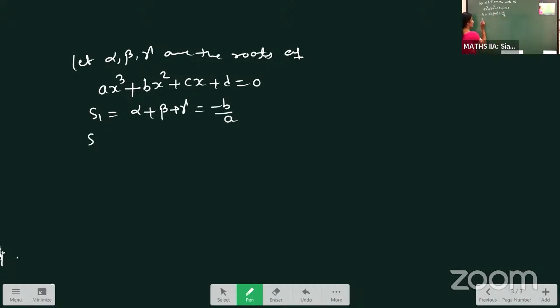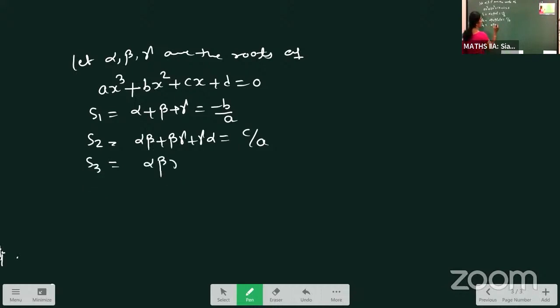Next, S2, the sum of products of two roots: alpha beta + beta gamma + gamma alpha = c/a. And S3, for the cubic equation, alpha beta gamma = −d/a. Most of the time we will use this formula.